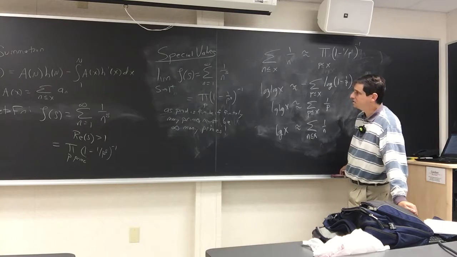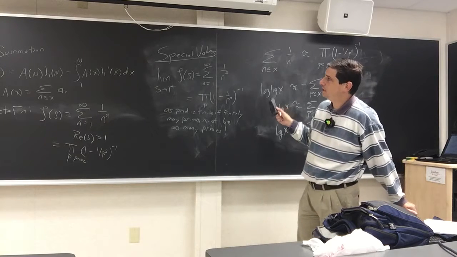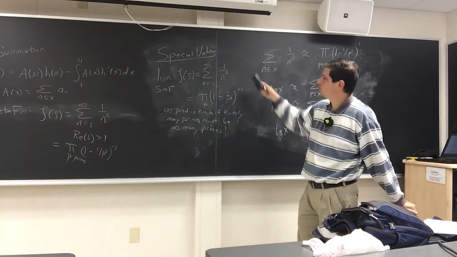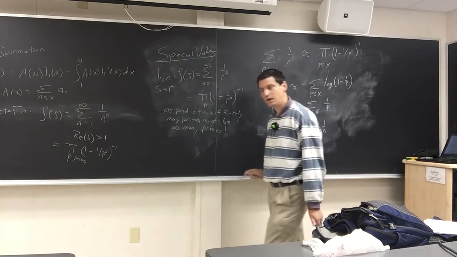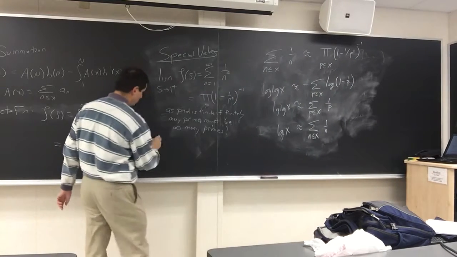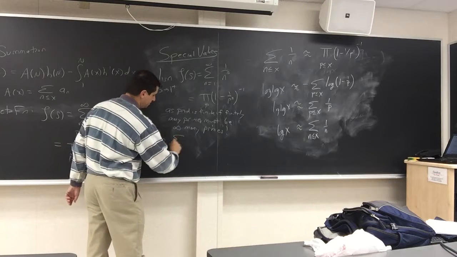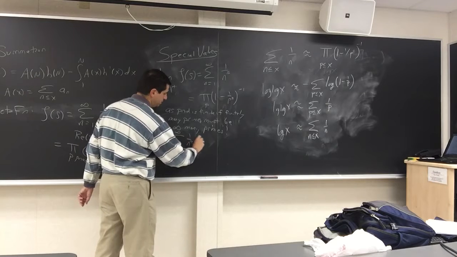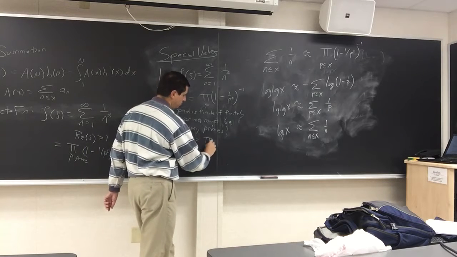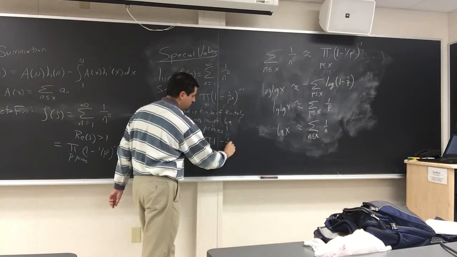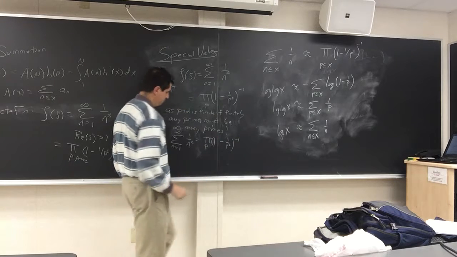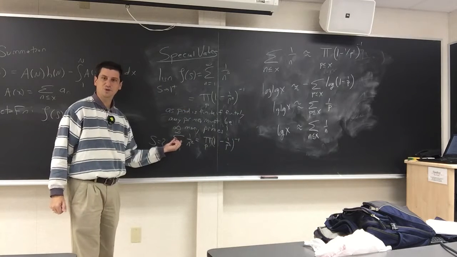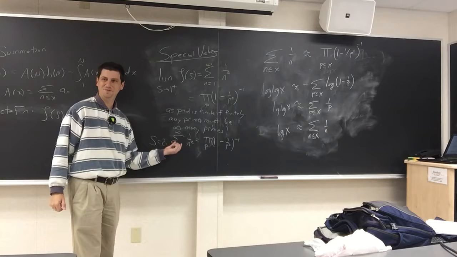Okay, the last special value thing I want to say about the primes: we looked at what happens as s goes to 1. Let's look at what happens as s goes to 2. When I take s equals 2, I get the sum from n equals 1 to infinity of 1 over n squared is the product over all primes of 1 minus 1 over p squared, inverse. Well, anybody know what the sum of 1 over n squared is? It's a famous sum.